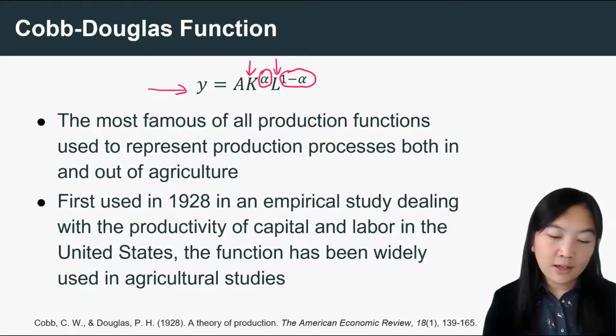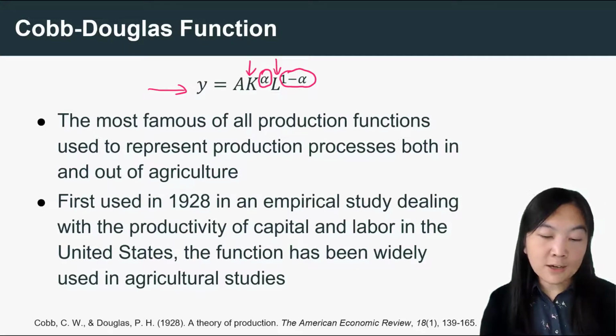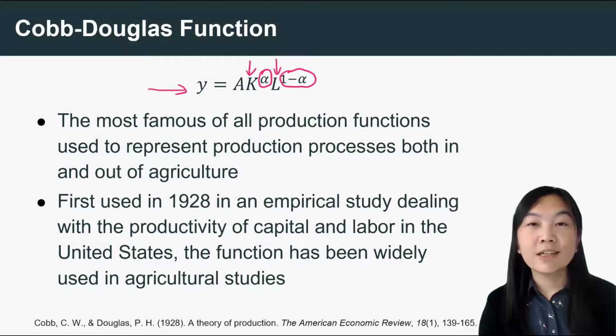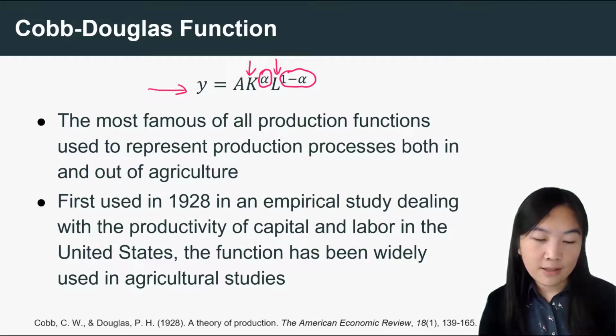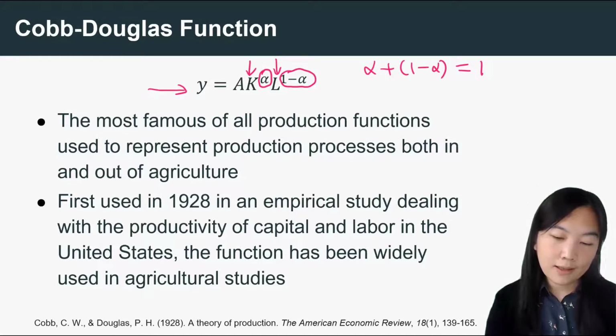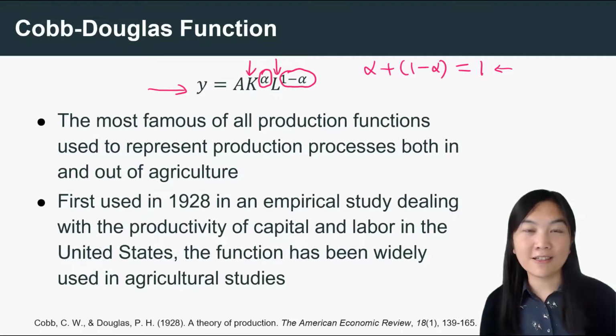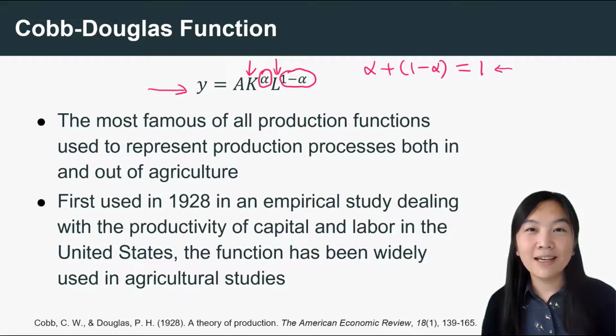And from what we have just learned, the Cobb-Douglas function is homogeneous of degree alpha plus 1 minus alpha, and that is equal to 1. So this is the elasticity of scale for the Cobb-Douglas function. And what can we tell from that? It's constant return to scale.